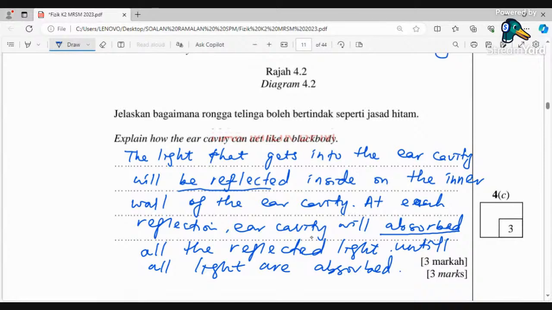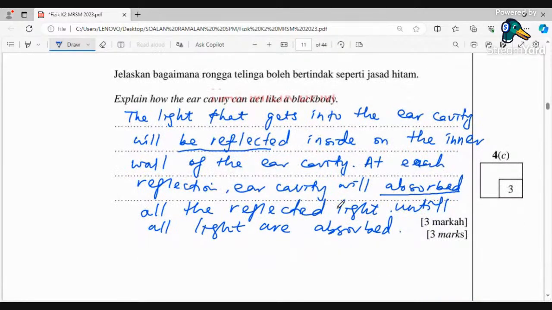So this one will act like a black body now. Okay, no light is reflected to outside.